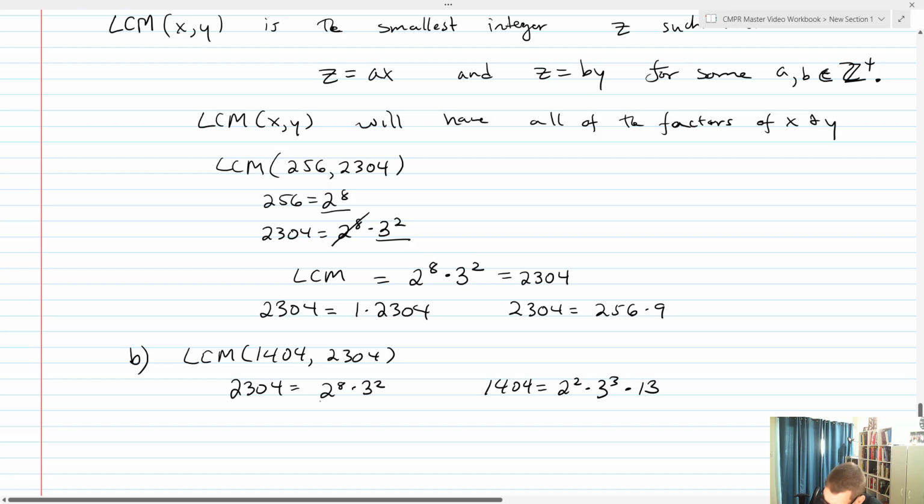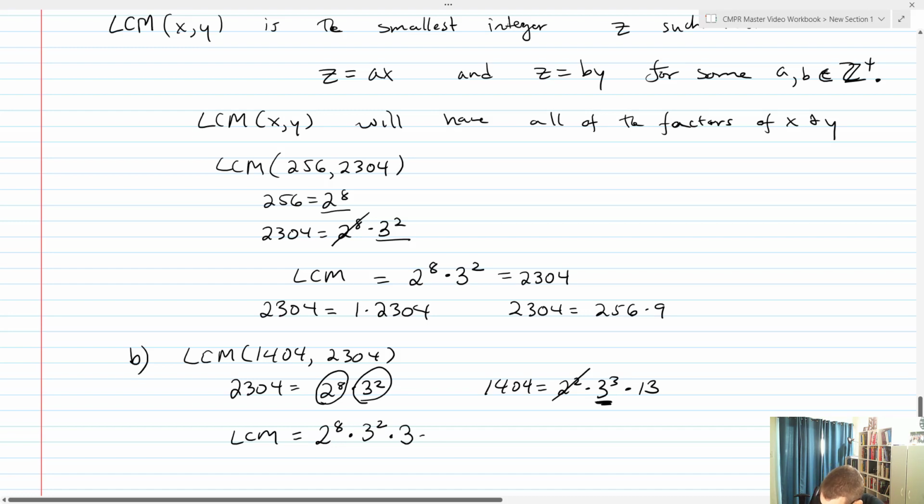So we'll start out here. We're going to need our 2 to the 8th. So my LCM is going to have 2 to the 8th, all of those. And then I don't need the 2 squared because I've already got 2 to the 8th. Then I'm going to multiply by 3 squared. I've got 3 squared already, but I'll need an extra one to get to 3 cubed.